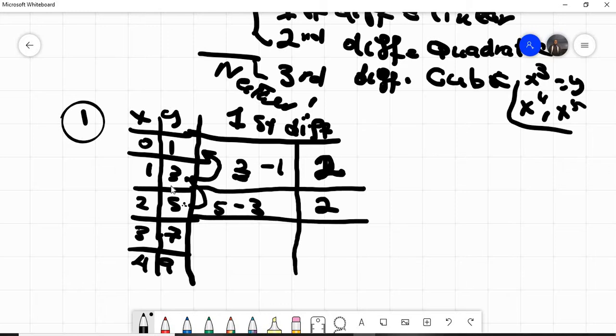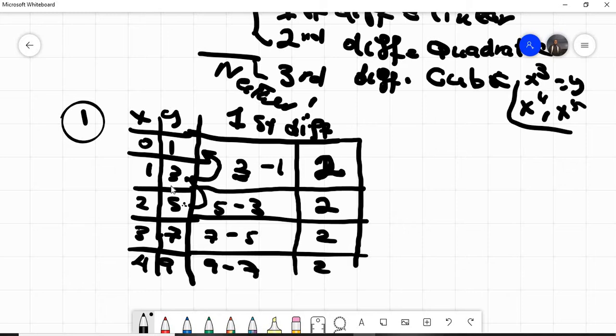And then 7 minus 5 is 2. And then 9 minus 7 is 2. So we get the same value, all 2's.